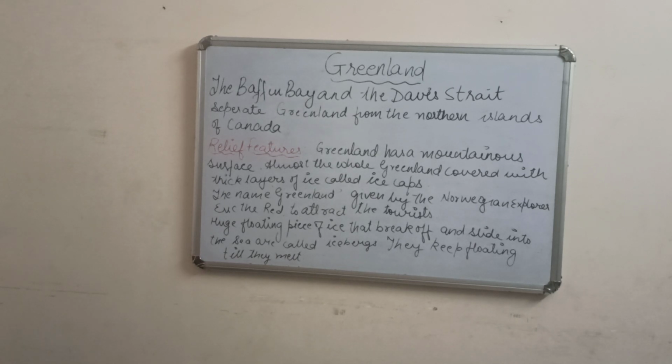Yes, like in India we have some particular time in the winter when we see that Himachal Pradesh and the other areas have snowfall and all. But here, when we talk about Greenland, 80% of the area is covered with total snow.